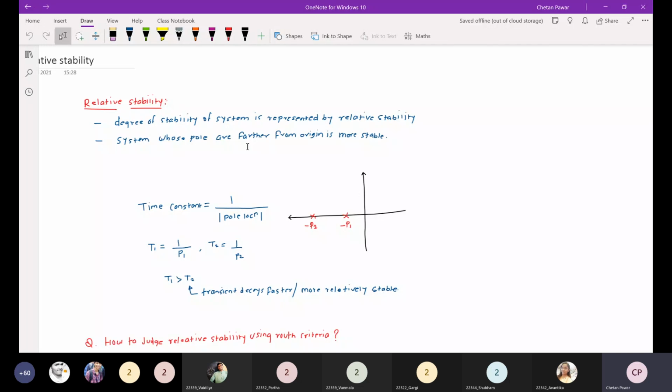If there is a 100-mark examination and 25 is the passing mark, then students with 25 or above will pass, and below 25 will fail. So it is just like a binary classification: the system is stable or unstable.